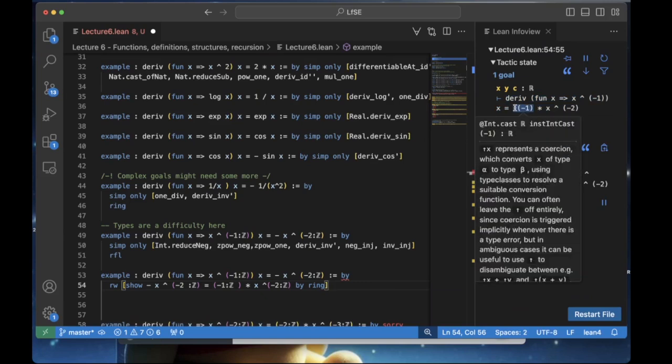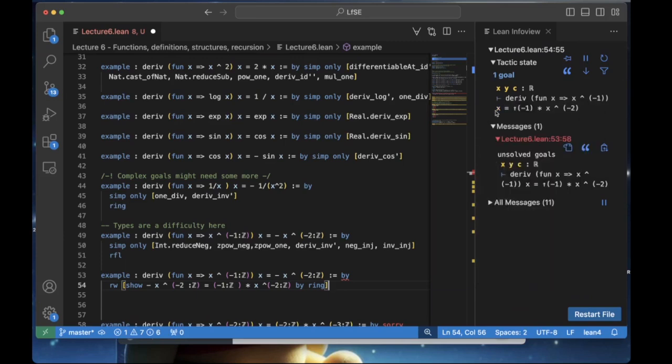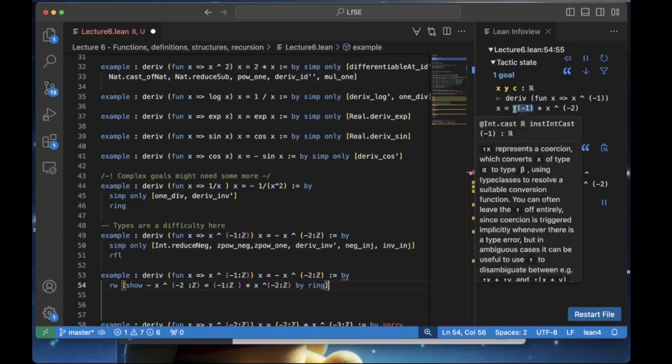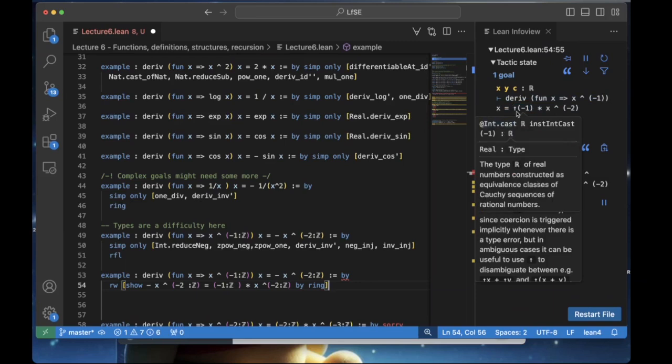It says int cast. Okay, we're saying if I have an integer that's equal to -1, I can cast this into the real numbers.